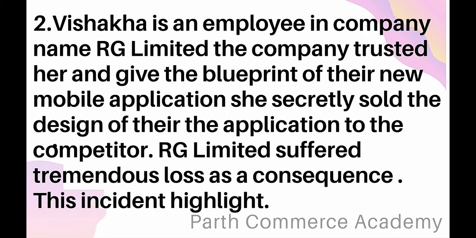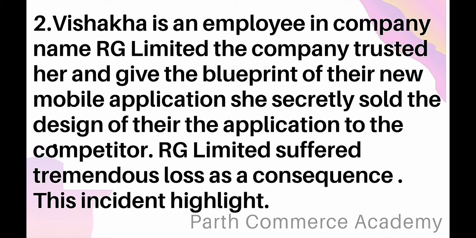Next question is, Visakha is an employee in a company named RG Limited. The company trusted her and gave the blueprint of their new mobile application. She secretly sold the design of their application to a competitor. RG Limited suffered tremendous loss as a consequence.